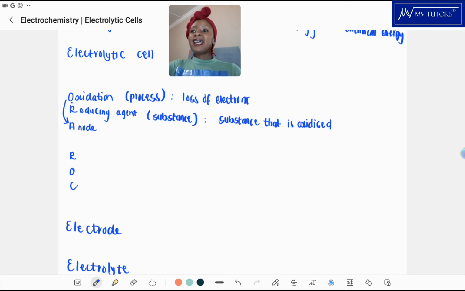All right, and then all of this happens at the anode. So the anode is actually an electrode. For the electrolytic cell, the anode carries a positive charge, again an electrode where oxidation occurs.